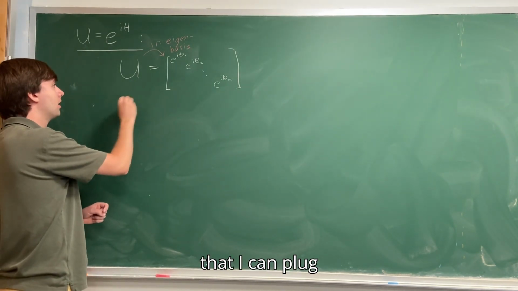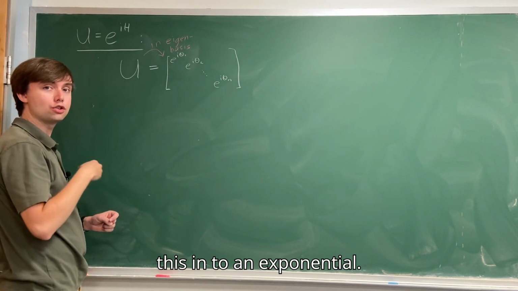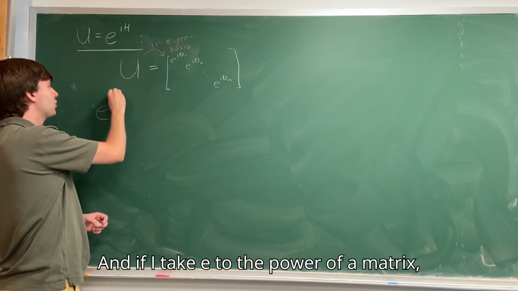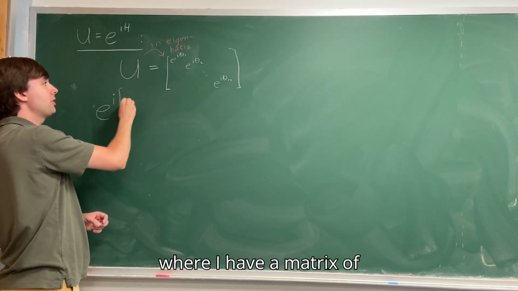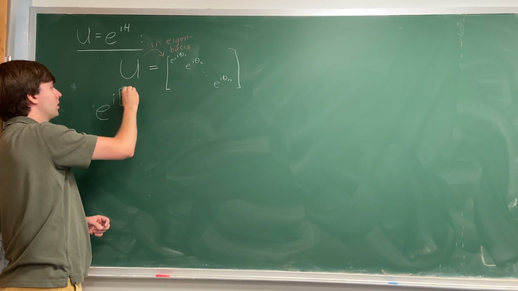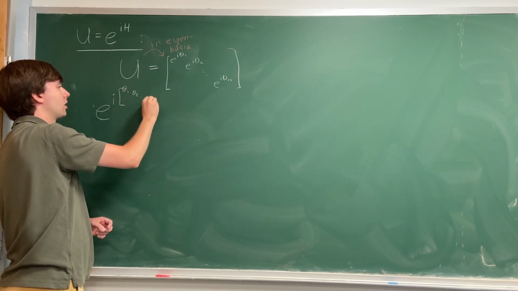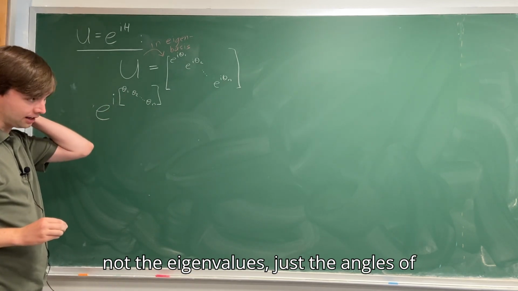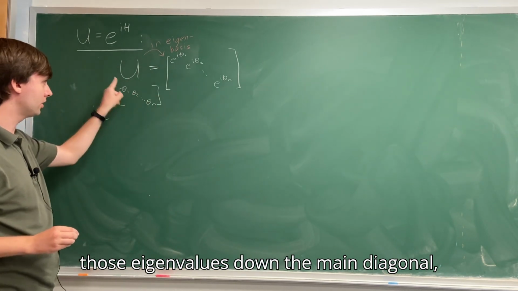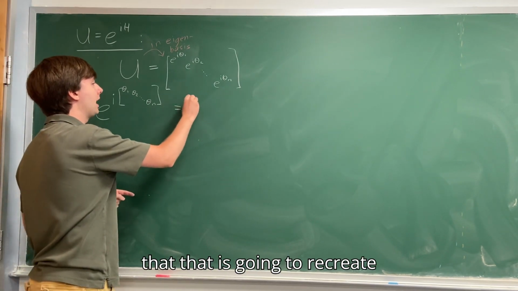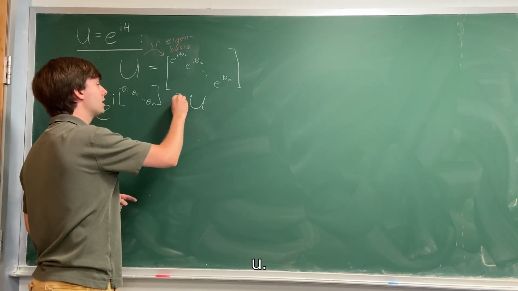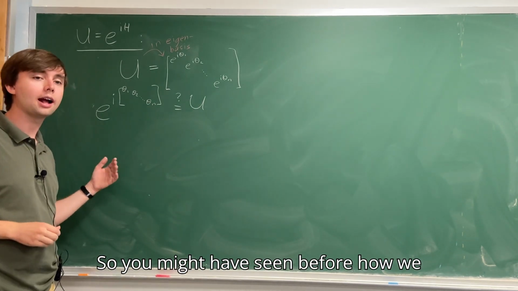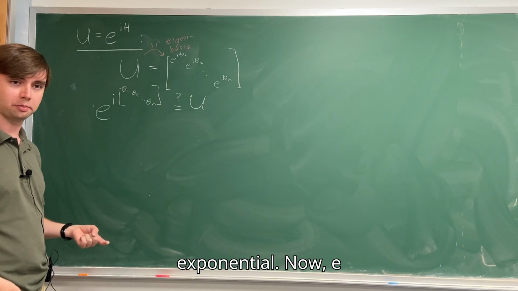That I can plug this into an exponential. And if I take e to the power of a matrix, where I have a matrix of the eigenvalues, the angles, sorry, not the eigenvalues, just the angles of those eigenvalues down the main diagonal, that is going to recreate U. So you might have seen before how we evaluate a matrix plugged into an exponential.